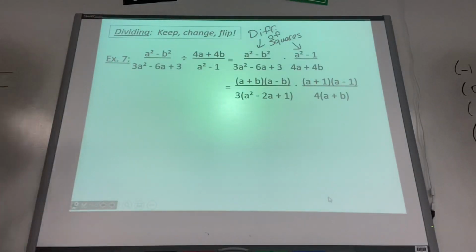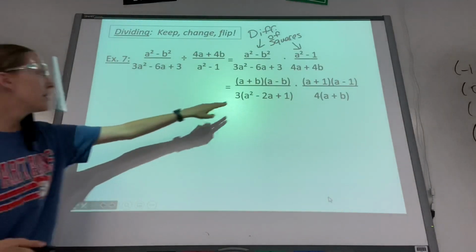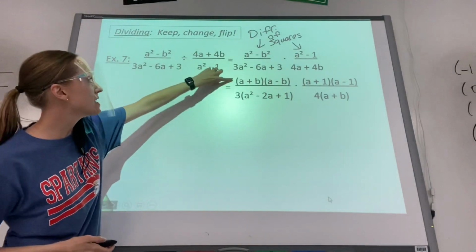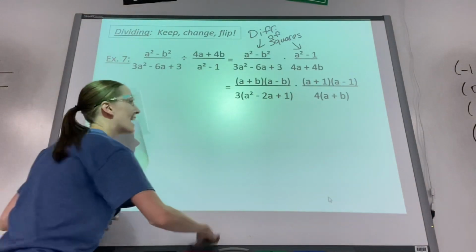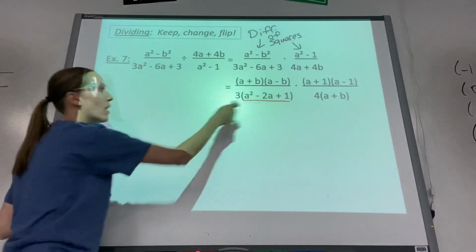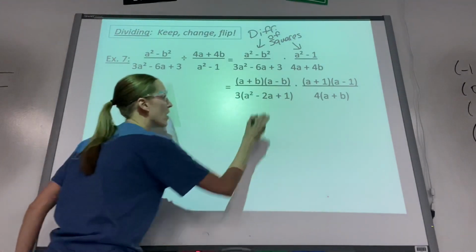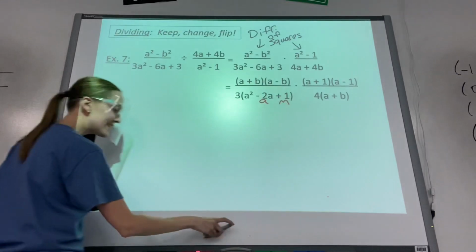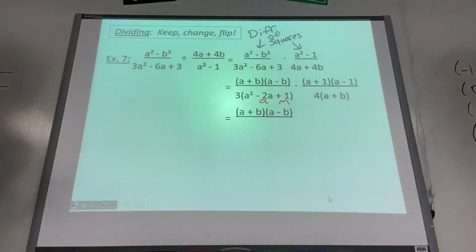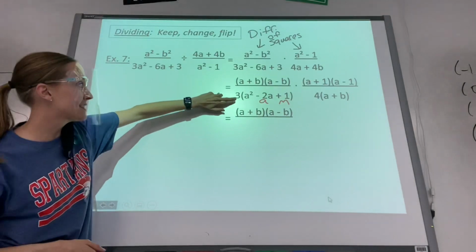Okie doke. Oh, darn. I'm going to rewrite the top part here and factor what's on bottom a little bit further. If you think about your nice factoring, you're going to leave the 3 in front.